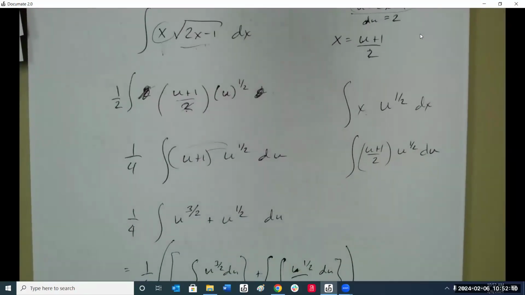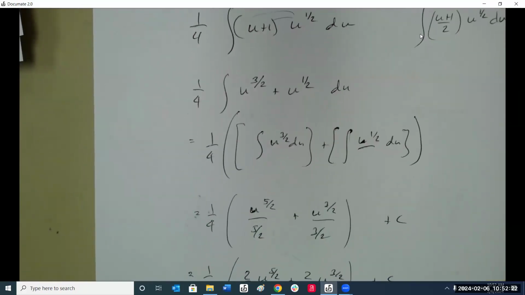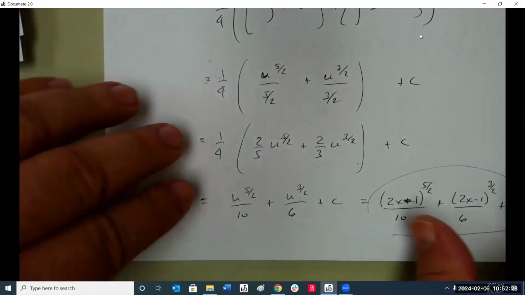Since the integral is, I don't know how to explain it, but if we take the derivative of the final answer, would it go back to the original function? It should. Once we take the derivative of it, let's try it.